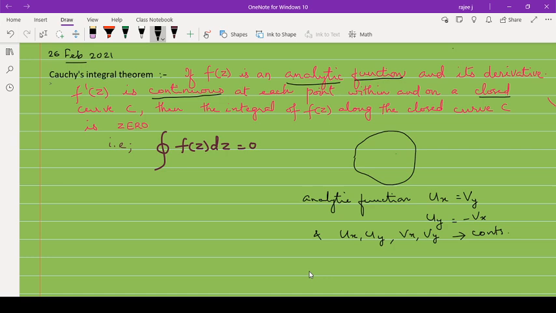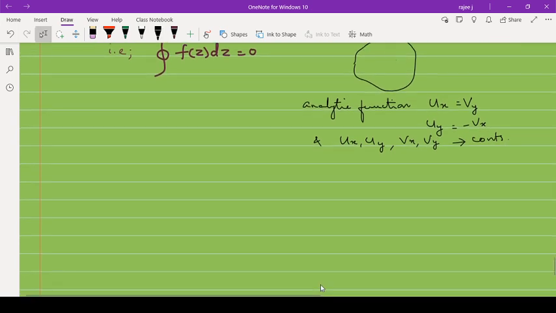Now here f of z is an analytic function and its derivative f dash z is continuous. Now I hope you remember what we mean by a continuous function. Again I will just tell you. Continuous function means, suppose f of z is given, say f of z equal to 1 upon z minus 1.